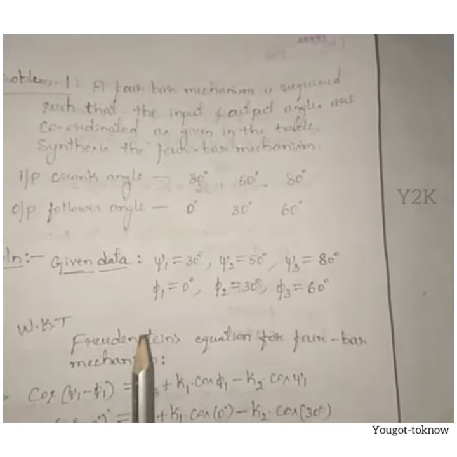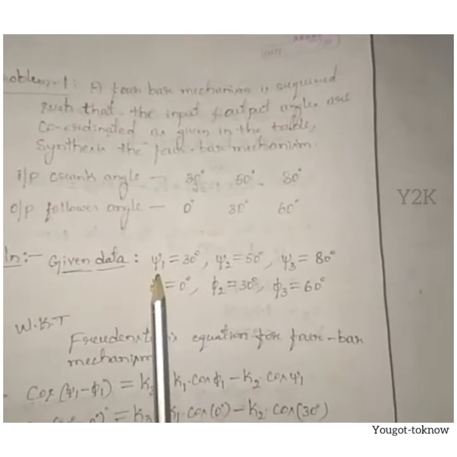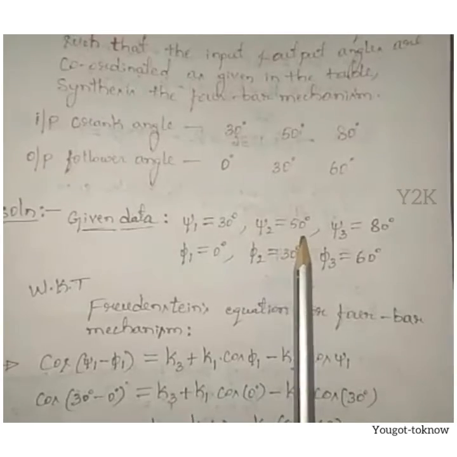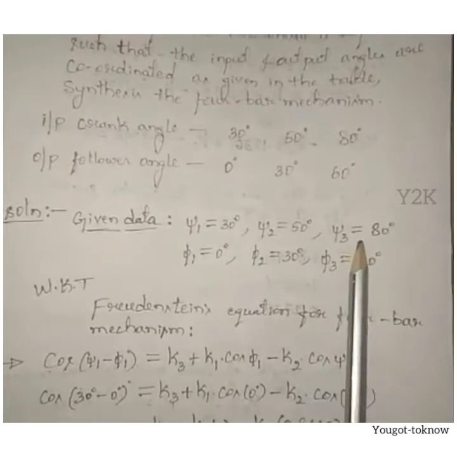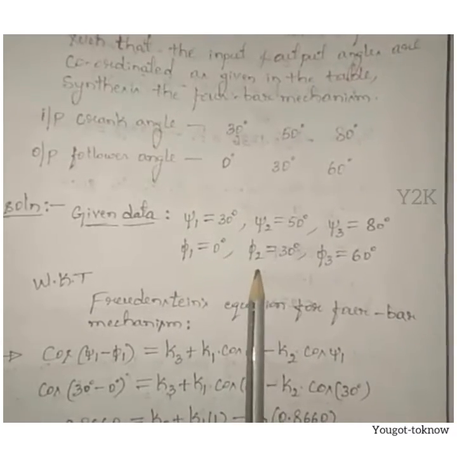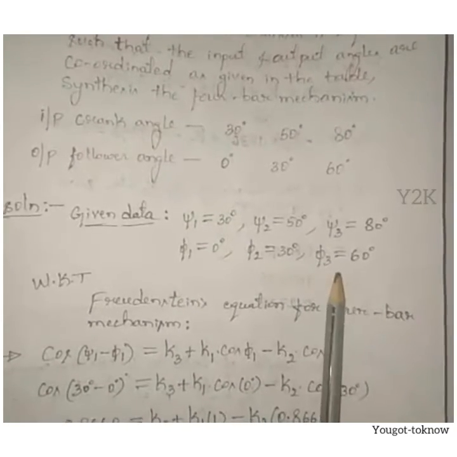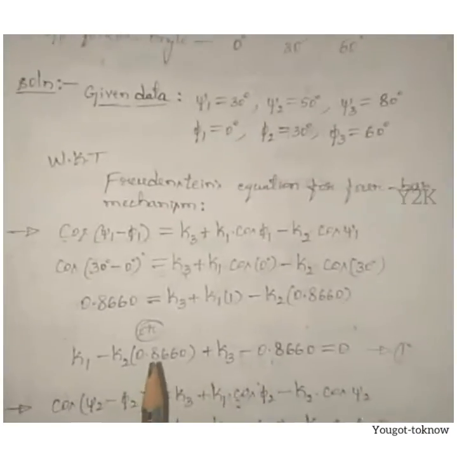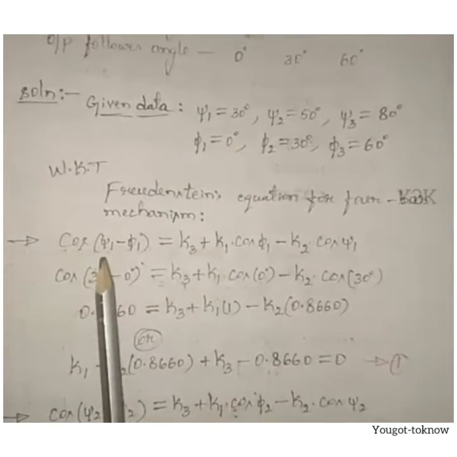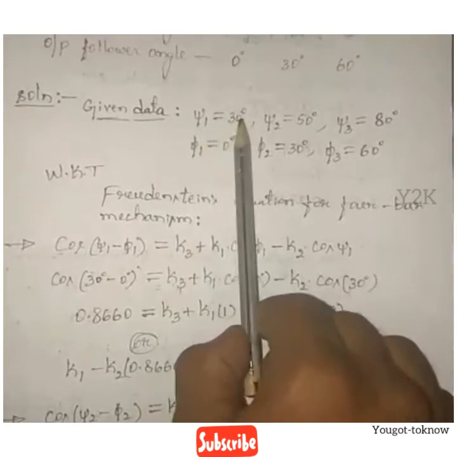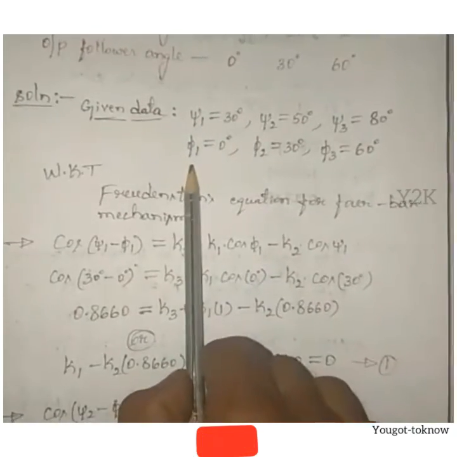The given data is Xi1 equals 30 degrees, Xi2 equals 50 degrees, Xi3 equals 80 degrees, Phi1 equals 0 degrees, Phi2 equals 30 degrees, Phi3 equals 60 degrees.